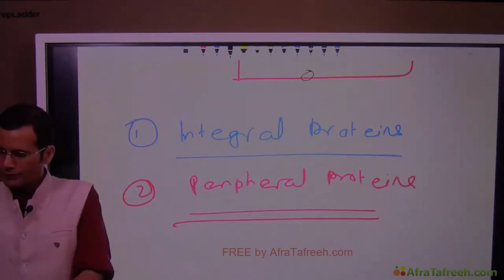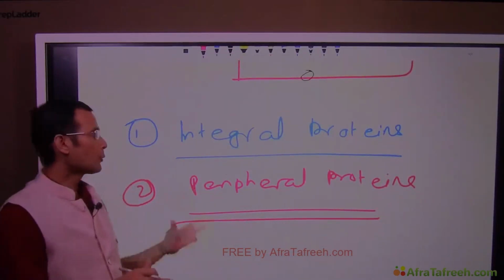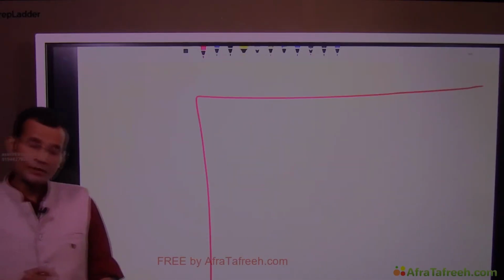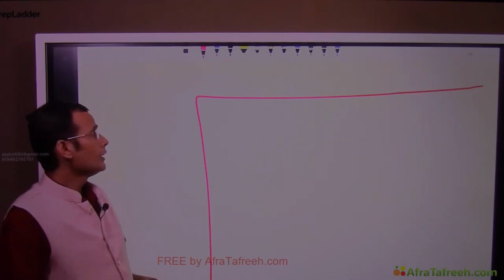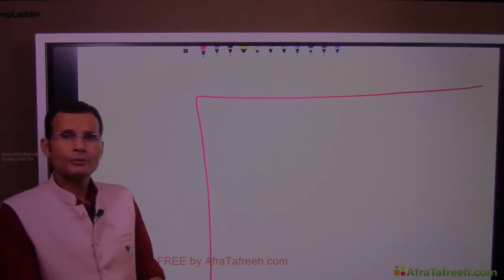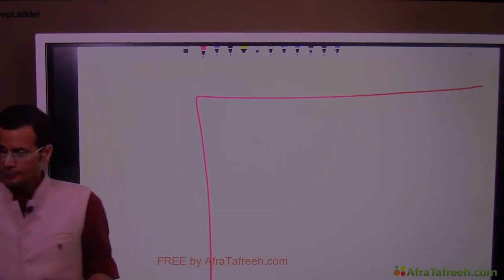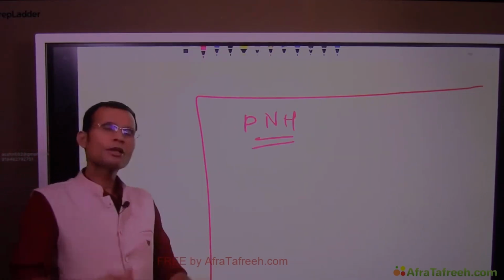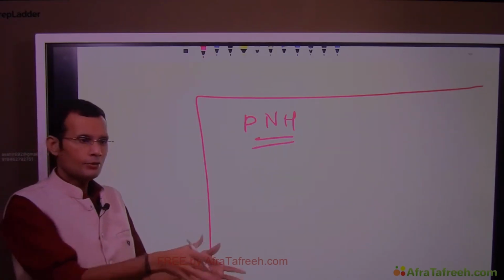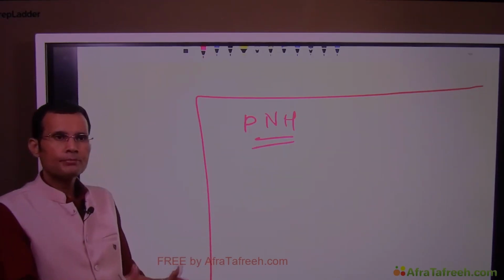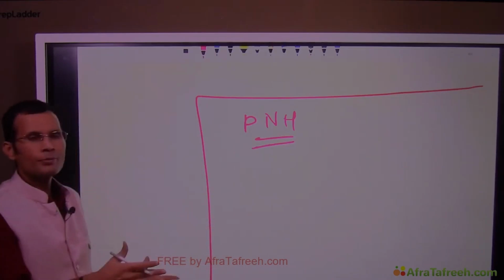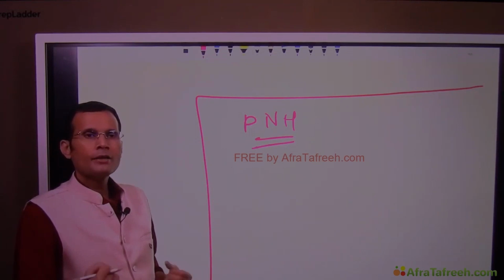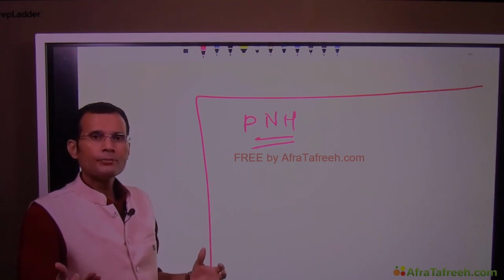Right. Well, there is one special variety of proteins in the membrane, and there was an MCQ. Now this can come as a case based question also, okay? This can come as a clinical question. The question is paroxysmal nocturnal hemoglobinuria. They can give you a case that a patient comes, a small child or 8 to 10-year-old, and the complaint is that of anemia and red colored or dark color urine in the night.